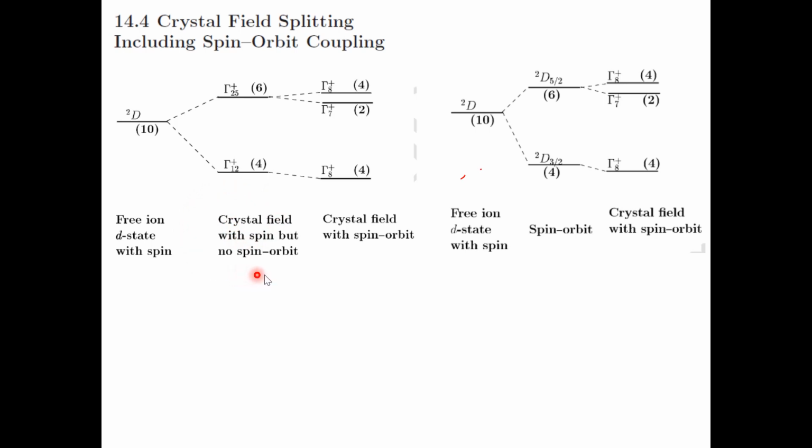the crystal field perturbation is stronger than the spin orbit perturbation. Then it makes more sense first to see the splitting of the d level like we did before, first considering the splitting due to the crystal field, and after that we introduce the spin orbit perturbation and see how the levels split further.